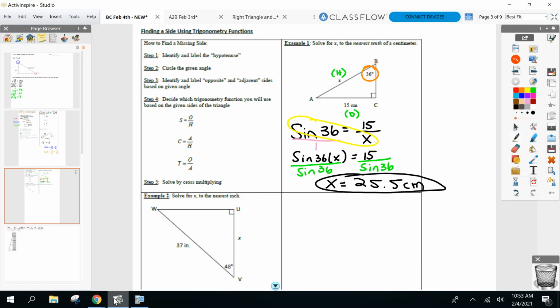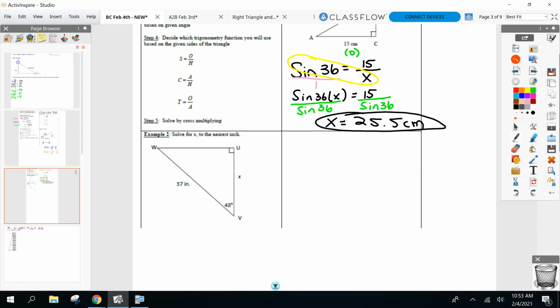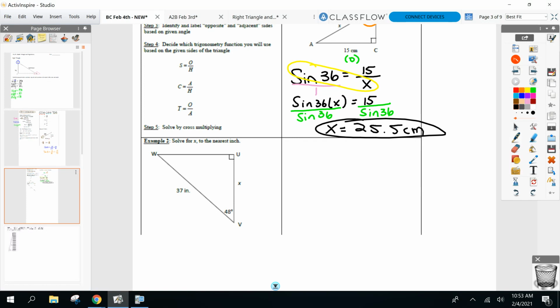All right, one does not make us great. Let's keep trucking. On number 2. Find side x. Again, we don't go from the right angle. You always go from whatever acute angle that's given. All right, can you guys help me find what side x and what side 37 here? Opposite, adjacent, hypotenuse.